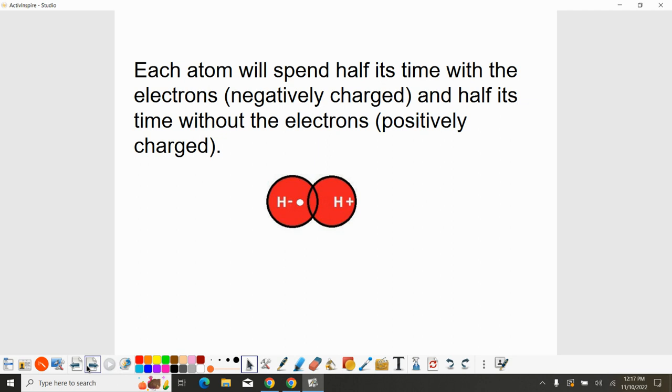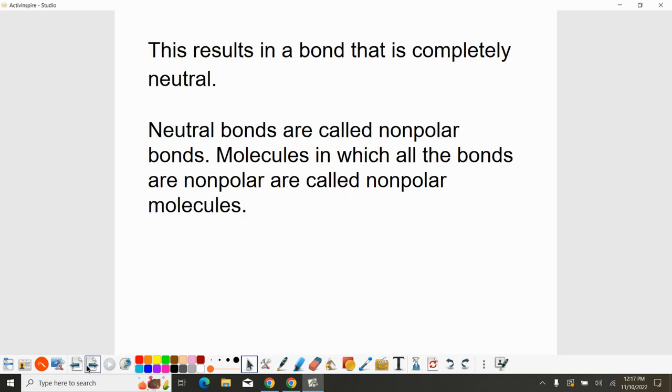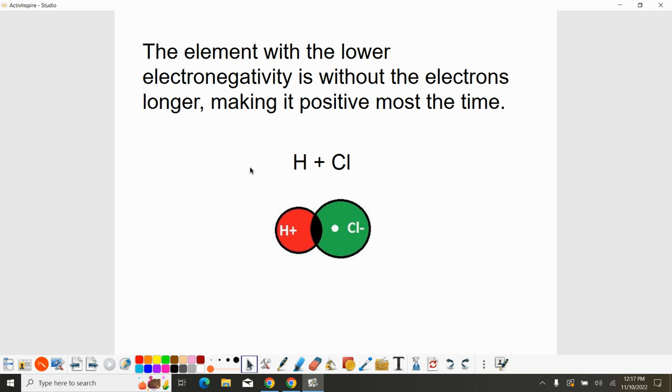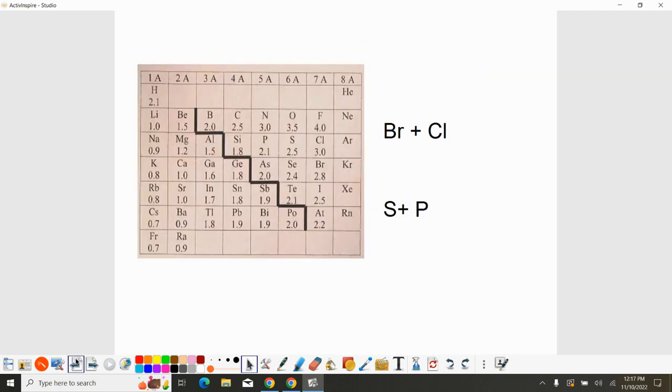If the difference falls between 0.5 and 1.9, then you end up with a polar bond. The electrons will not be shared equally, like hydrogen and chlorine. If we go back to this little table here, hydrogen is a 2.1, chlorine is a 3.0. The difference there is 0.9.